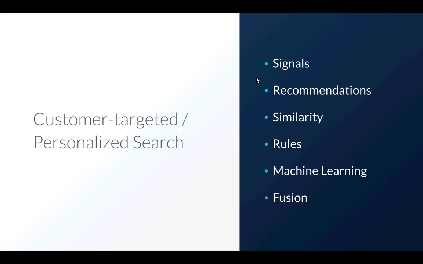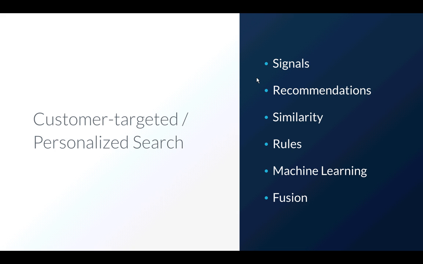So when it comes to customer-targeted, personalized, and these machine learning algorithms, we'll be talking about them more and how you use them with Fusion. But there are capabilities within Fusion to use these sorts of machine learning techniques. And that's part of why we have Spark as part of Lucidworks Fusion.